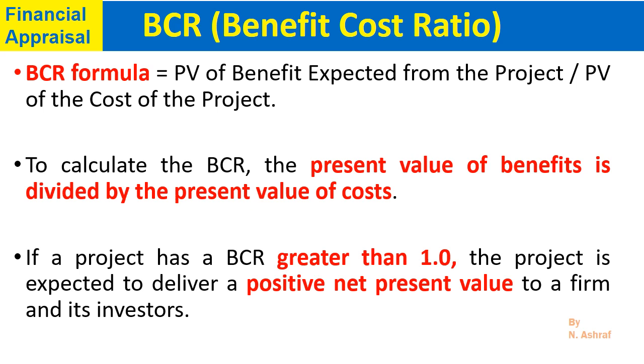If a project has a BCR, benefit cost ratio, greater than 1, the project is expected to deliver a positive net present value to a firm and its investor. It is a good sign. We should consider that investment opportunity. We should do that project.